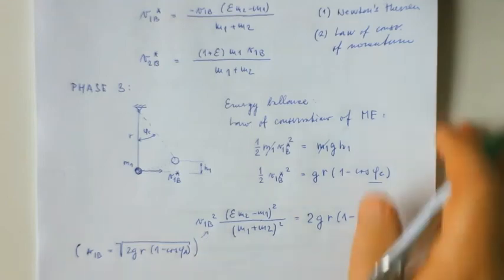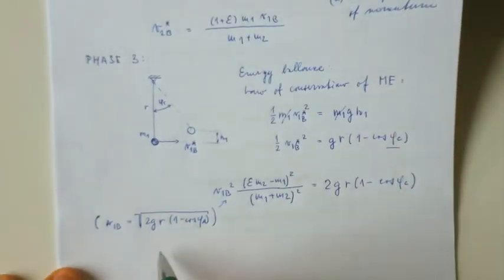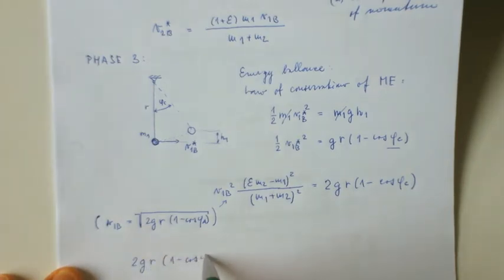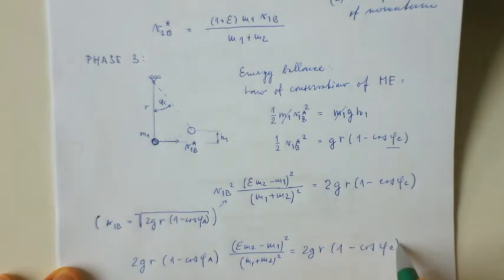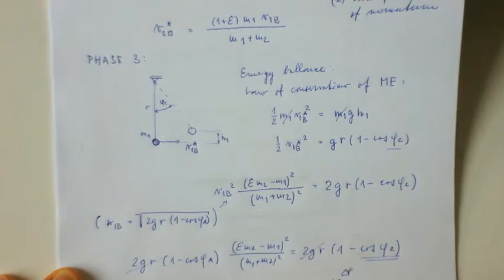So I can write 2gr 1 minus cosine phi a times epsilon m2 minus m1 over m1 plus m2, under the square root, is equal to gr 1 minus cosine phi c. So we can cancel all this, and we can calculate phi c from here. So phi c is equal like this.